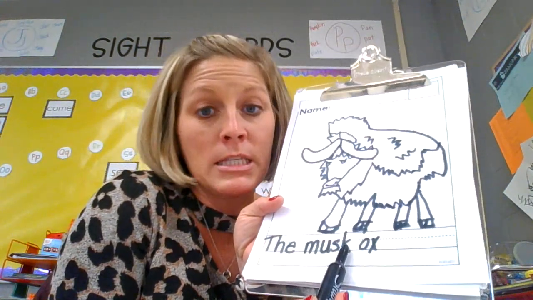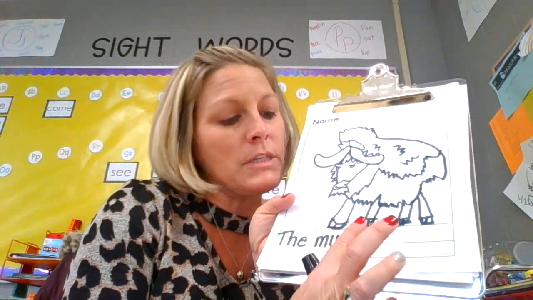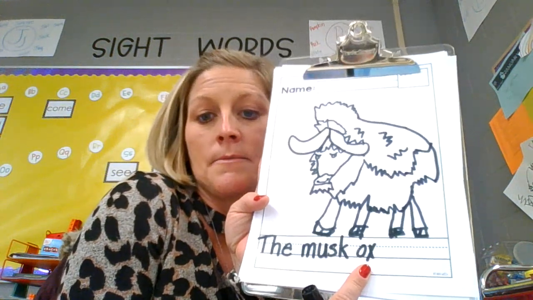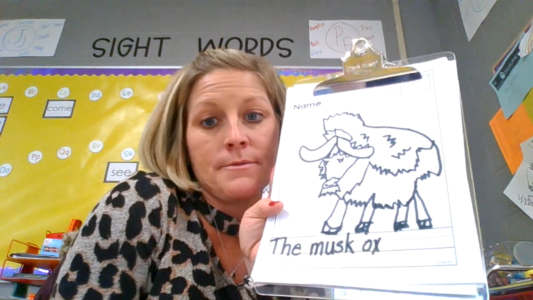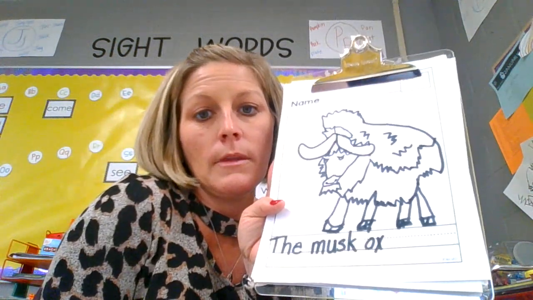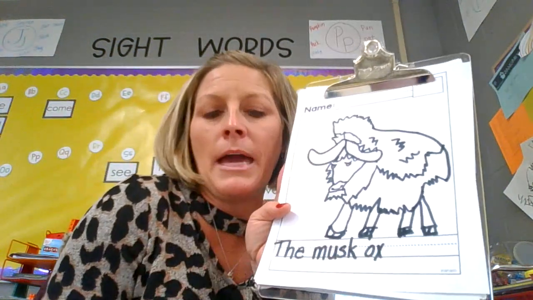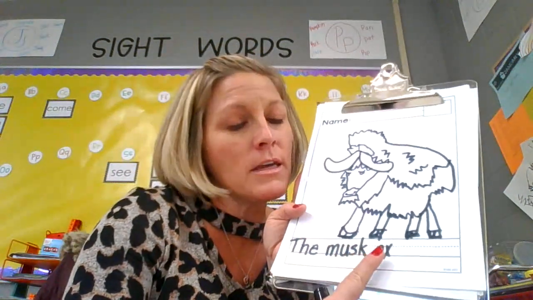M-U-S-K, musk. Notice it's a word, so it's crunched together. Then we have a space, and we have the word ox, O-X. The musk ox. If you're not finished, hit the pause button and you can finish, and then we'll come back and you can join us back.